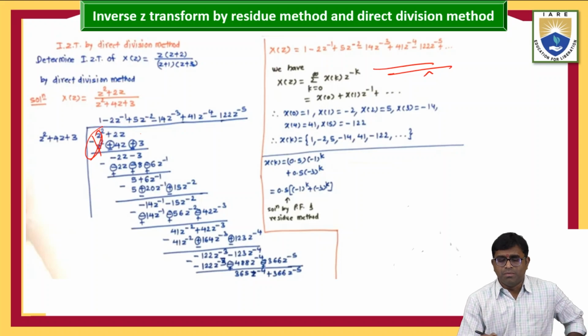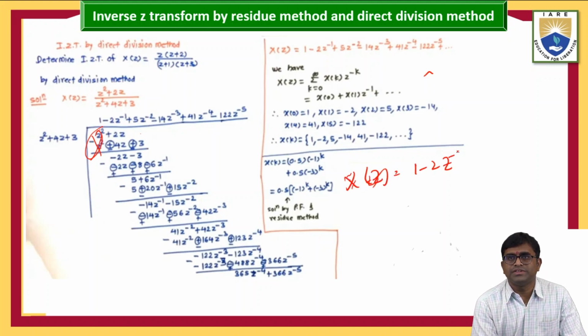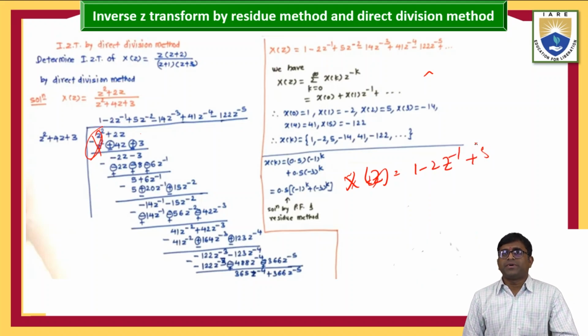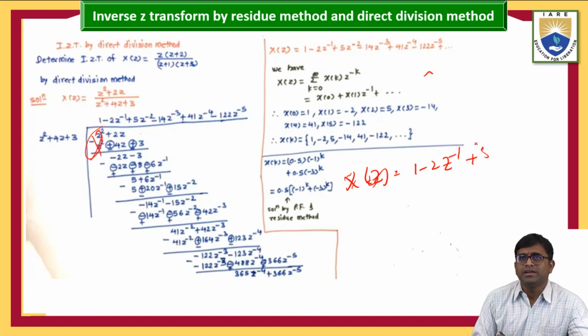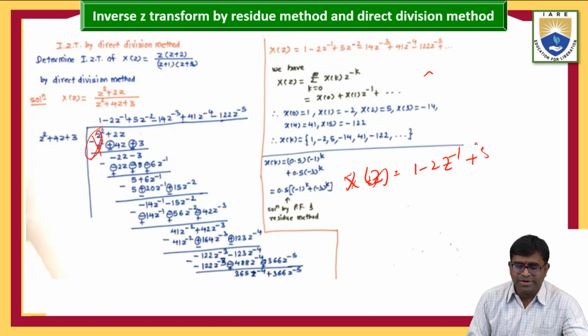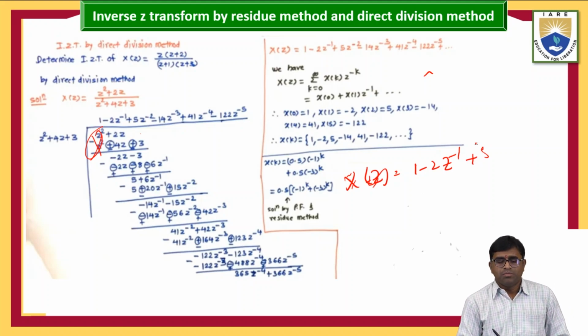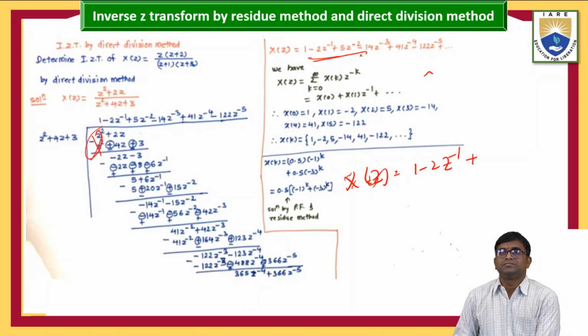For example, see, it is a function now. X of z equals 1 minus 2 z power of minus 1 plus 5 into z power of minus 2 minus 14 into z power of minus 3 minus 41 into z power of minus 4 minus 122 z power of minus 5. Put here z equal to 0 value. So what happened?